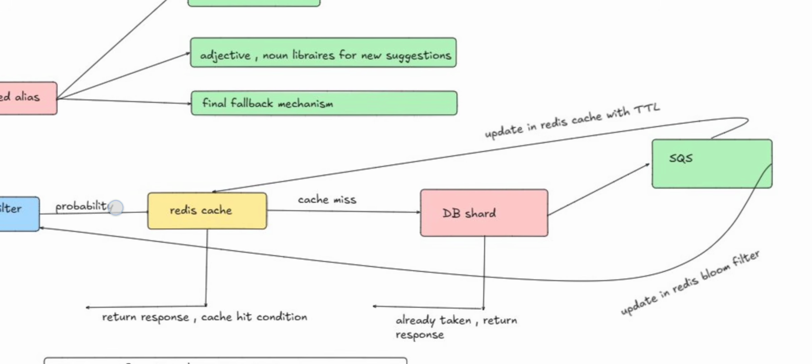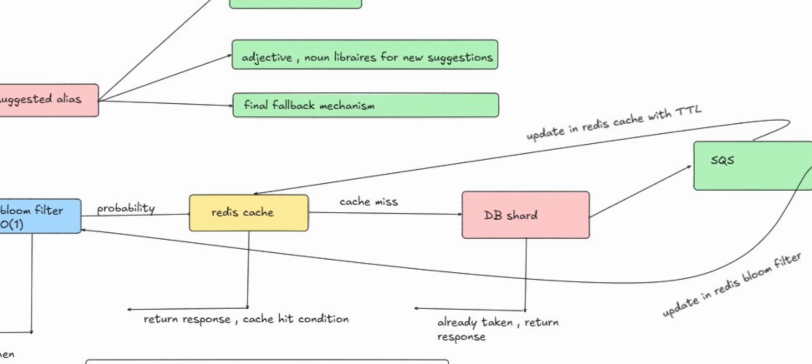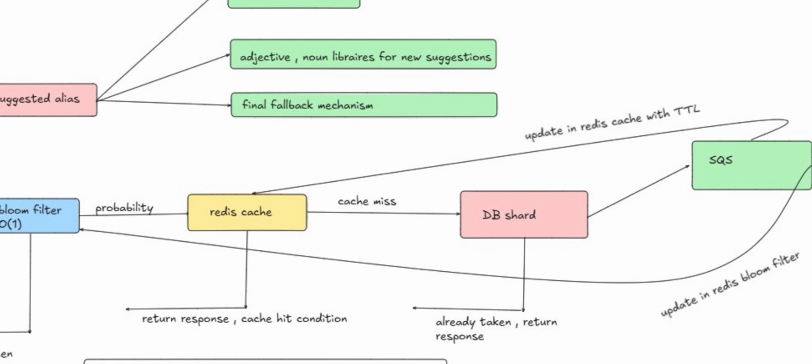Now you must be wondering why we have added this Redis cache and why we are adding our recently taken alias in Redis, right, with some TTL. The reason is pretty simple. Let's suppose there is a trend that is going viral on the internet, right? Then there is a high chance that many people will try to take that alias name corresponding to that trend.